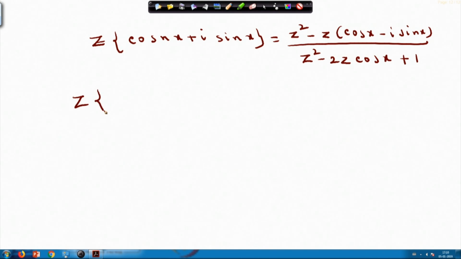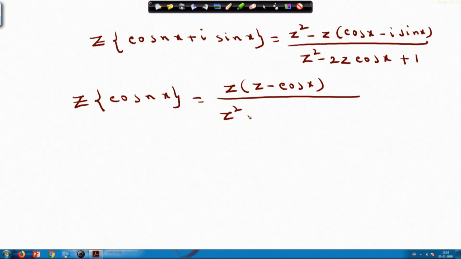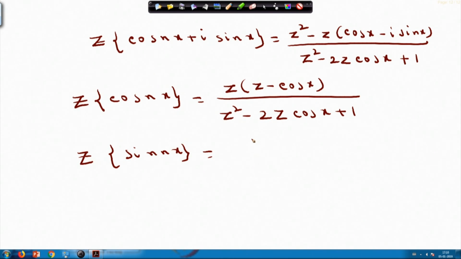So if I equate the real and imaginary parts, I can write down z transform of cos n x will be z into z minus cos x, divided by the denominator, which will remain the same, z square minus twice z cos x plus 1. And z transform of sin n x will be equal to z into sin x divided by z square minus twice z cos x plus 1.